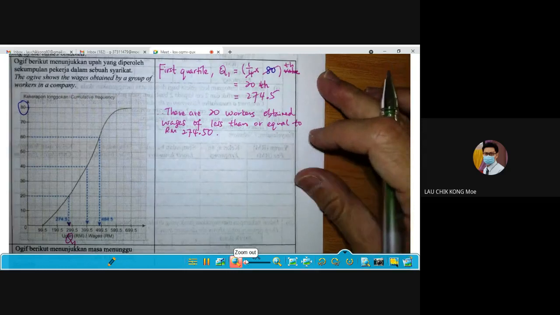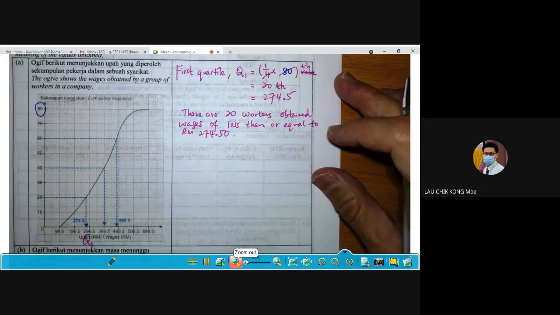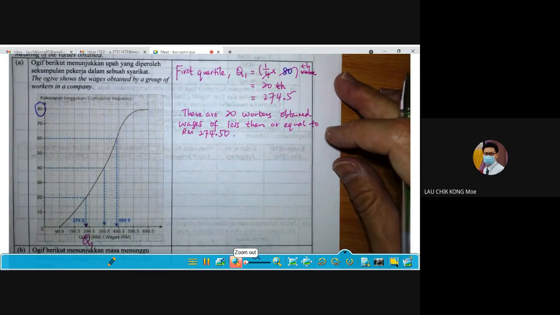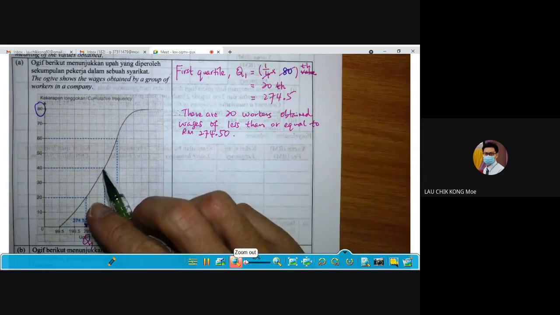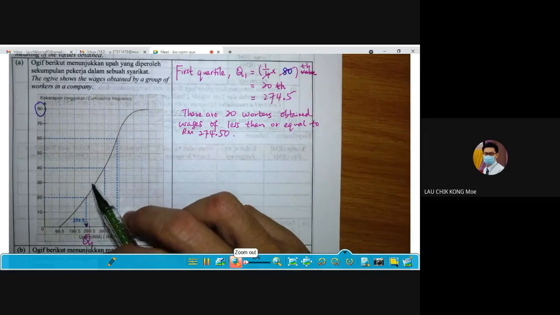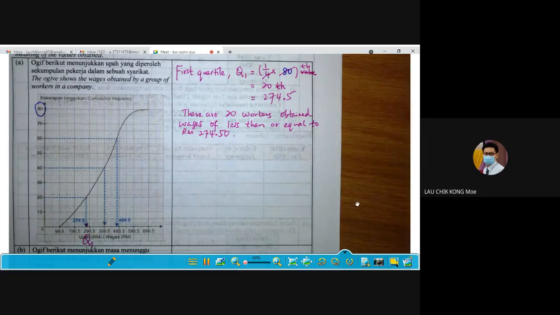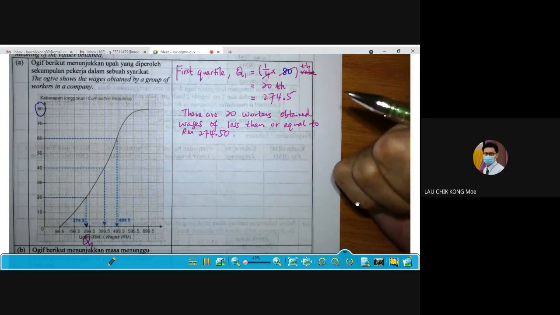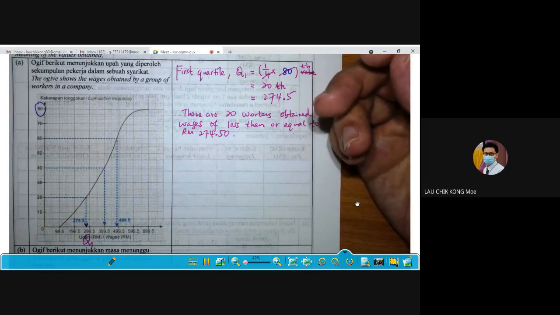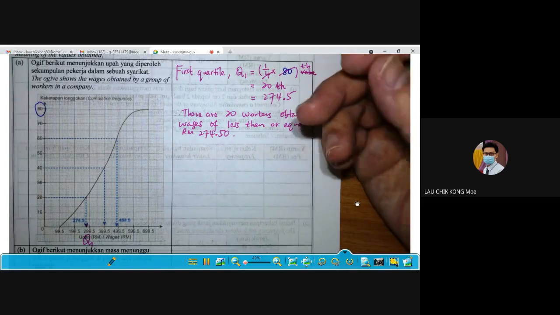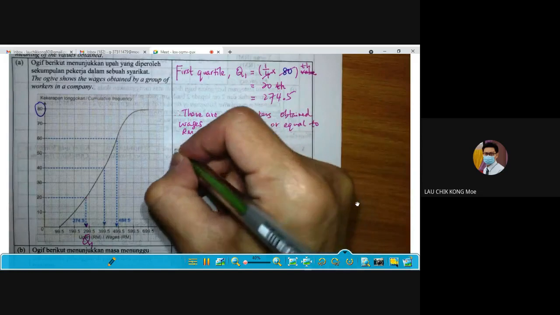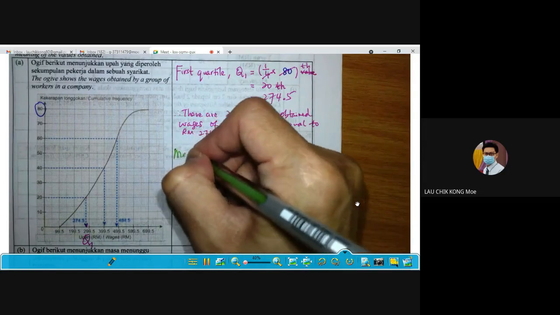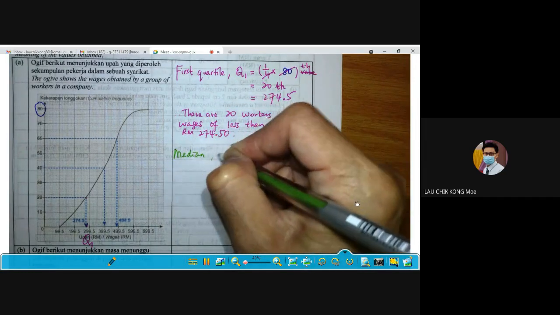So sekarang ini KSSM dia bukan sahaja perlukan awak tahu bagaimana lukis ogive, but the more important thing is you need to know how to analyze, how to get the interpretations from the graph given. From the graph. Okay, and then the third quartile, median first. So median Q2.